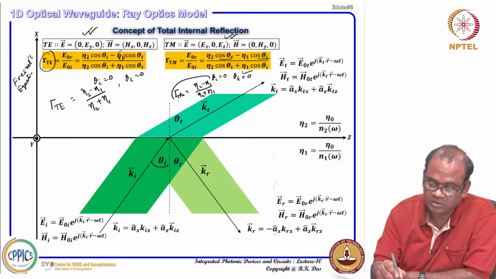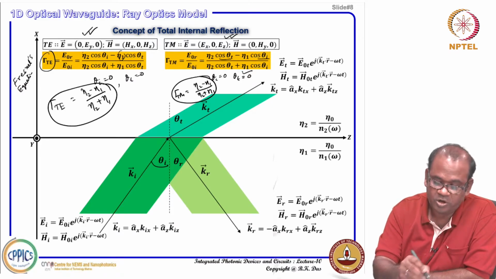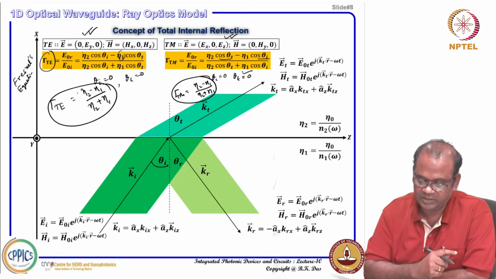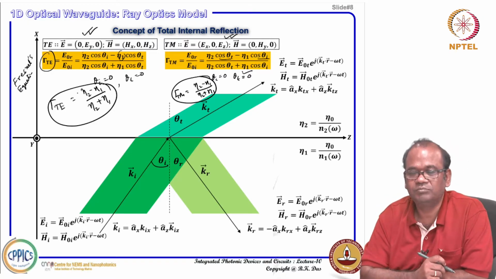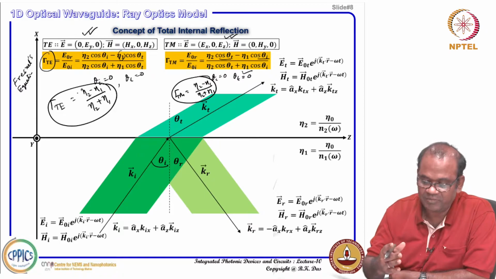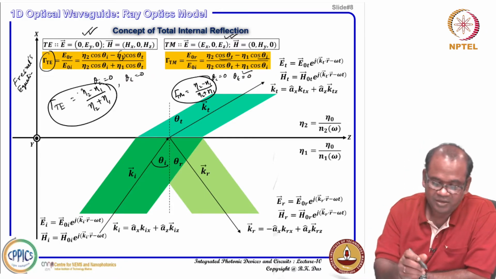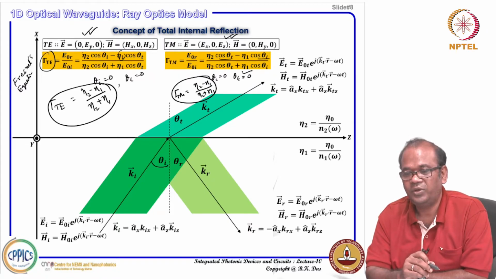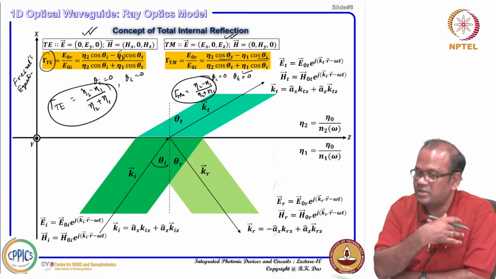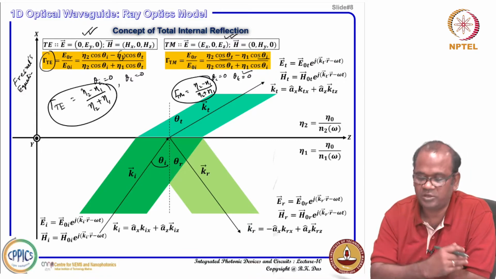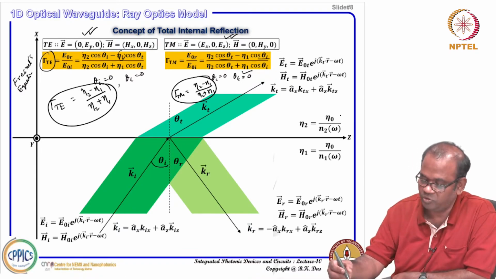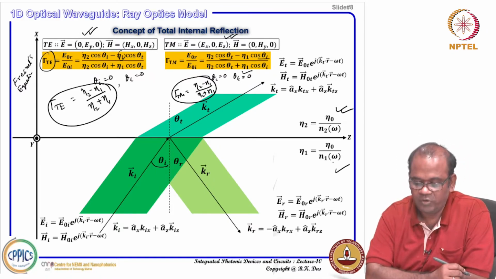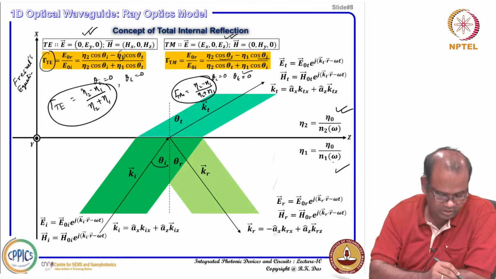So for normal incidence the reflection coefficients of TE and TM polarization are the same, but if it is at a slight angle, then the reflection coefficients for TE and TM polarization are different. People use this for various purposes, sometimes as a polarization filter, where you have to choose the right combination of dielectric 1 and dielectric 2. We are not going in that direction; instead we will move forward.